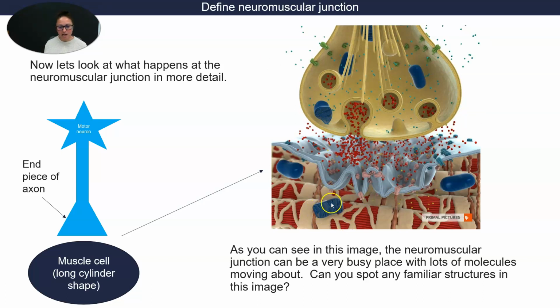Hint, hint, it's the powerhouse of the cell. All right, what do these look like? So have a look and see if you can spot anything else that kind of looks familiar. All right, it's okay if you can't, but just spend a little bit of time looking at all the bits and pieces in this very, very busy kind of area.